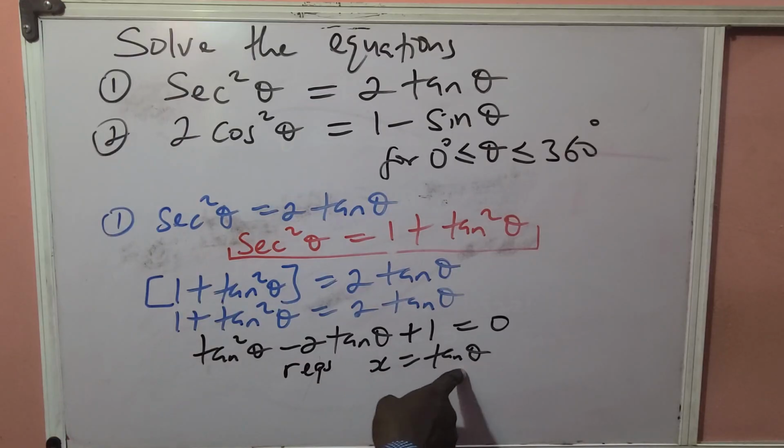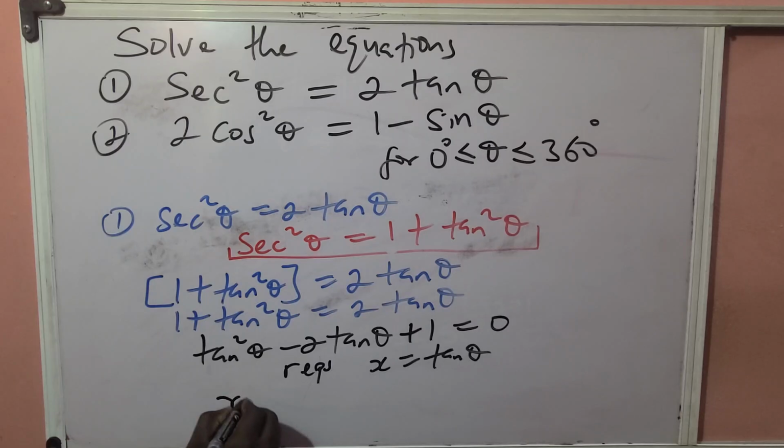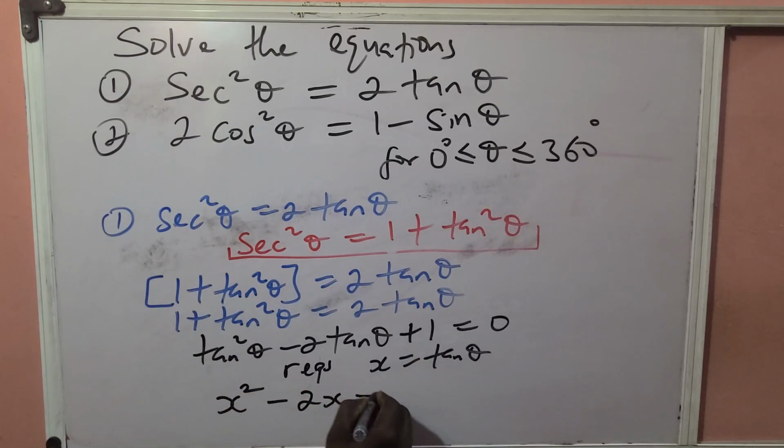So if x was tan theta, that means tan square theta will be x squared, obviously. And this will be minus 2x, then plus 1 equals to 0. So you can see that this is now very much like what you are very used to. It actually is a quadratic equation.